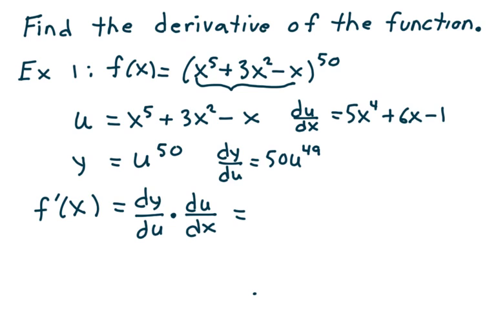And so what I want to do is put all that together. This is 50u to the 49th times 5x to the 4th plus 6x minus 1.